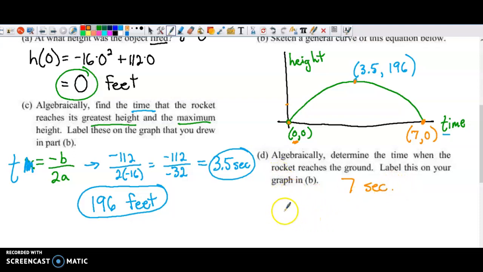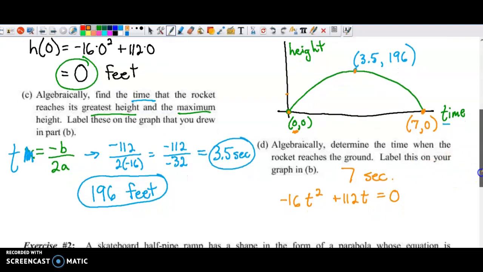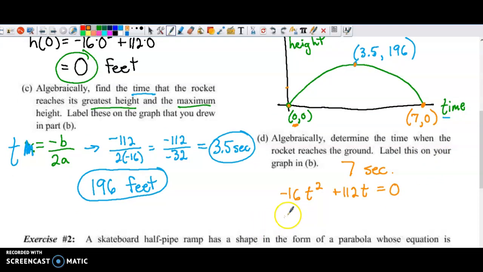The other way of doing it is taking that equation, negative 16t squared plus 112t, and setting it equal to 0. From here you can factor out a t. You could actually factor out another number, but I'm just going to factor out a t. The only way to make this work is if this piece equals 0.